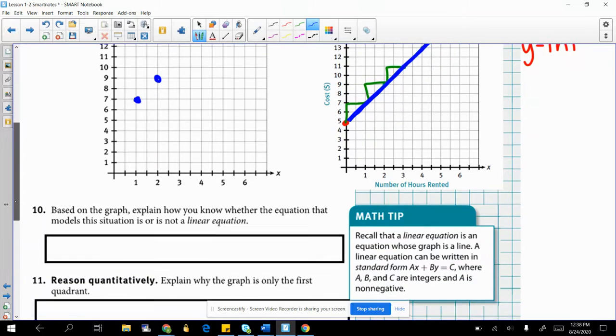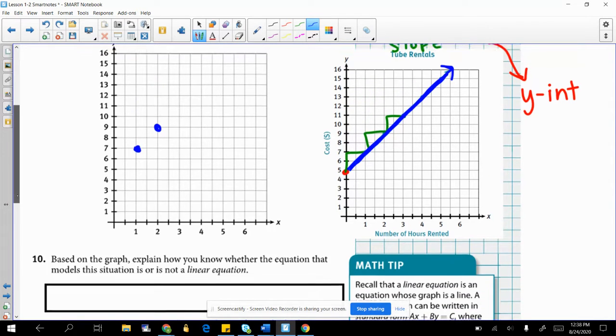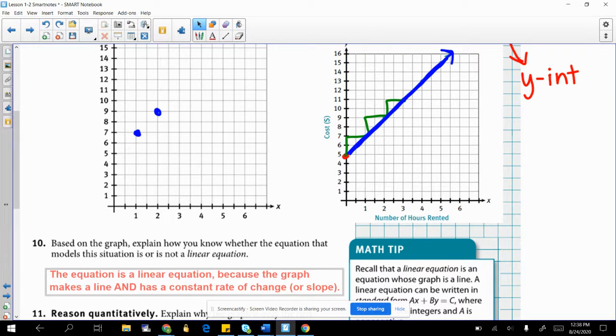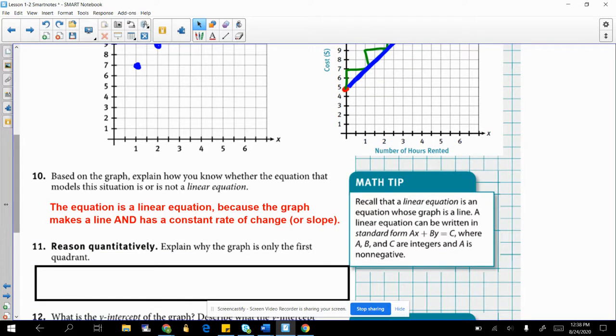So that's obviously a dead giveaway that it's linear. But another big part of this is that we know this equation is linear because the graph makes a line and because it has a constant rate of change, or slope. So this is key here. We're going to be talking about this part quite a bit.